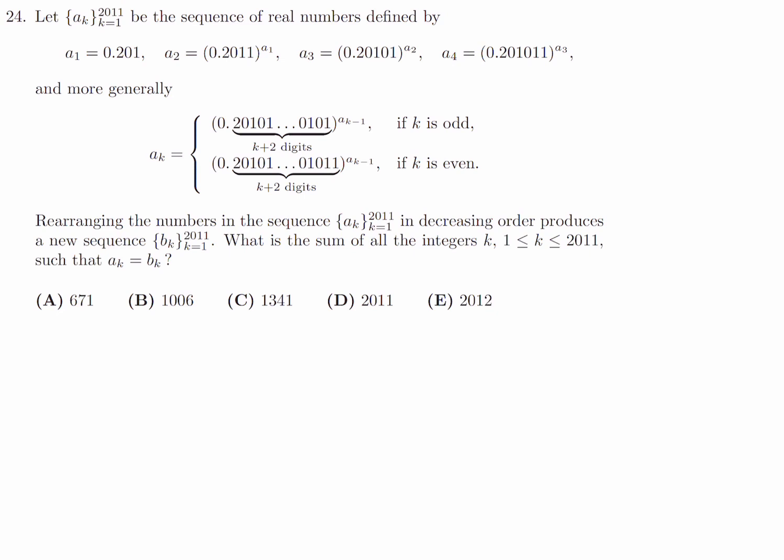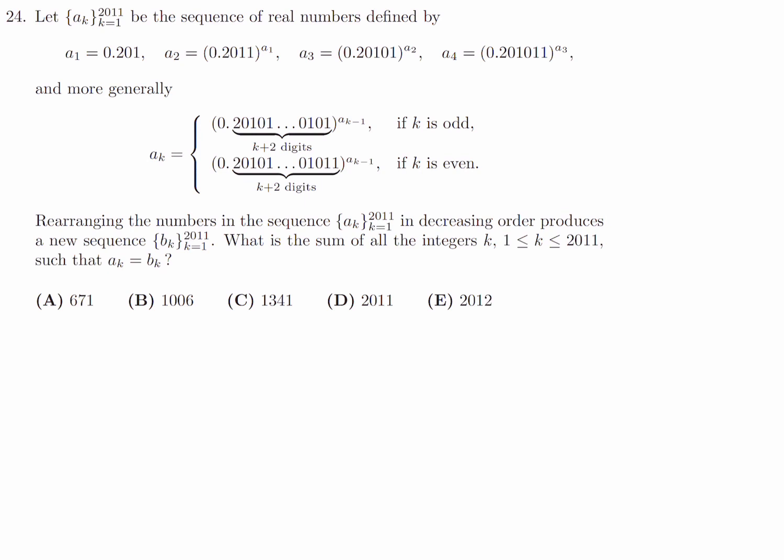Let AK from k equals 1 to 2001 be the sequence of real numbers defined as written here. And more generally, with this definition right here. Rearranging the numbers in the sequence of AK in decreasing order produces a new sequence with BK. What is the sum of all the integers k, where k is between 1 and 2001, such that AK equals BK?